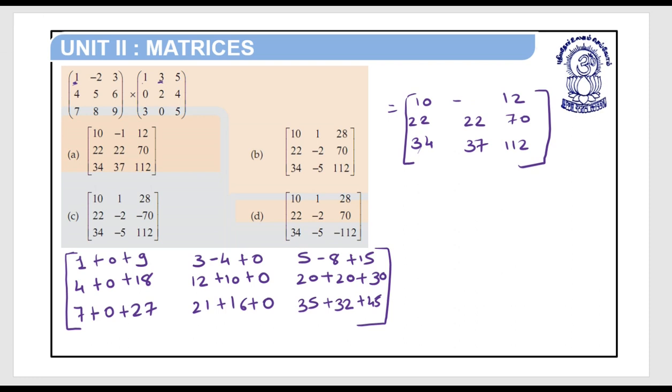So minus 4 plus 3 minus 1. 1 3s are 3, minus 2 2s are minus 4, and 3 0 0. So 10 minus 1 12, 22 22 70, 34 37 1 1 2. So answer is A.